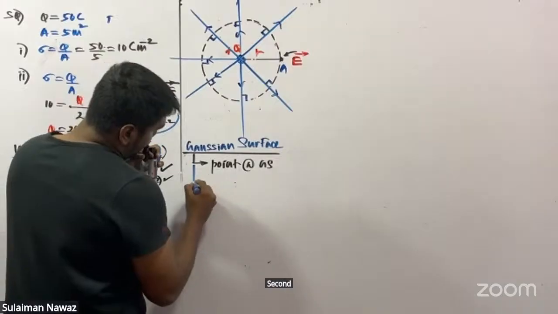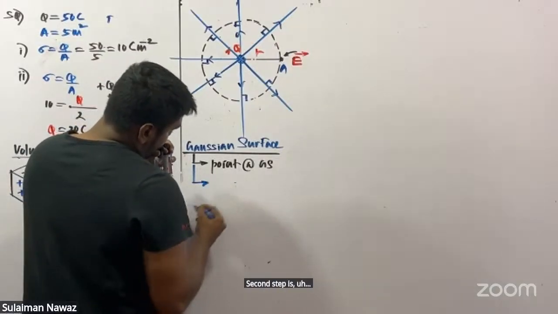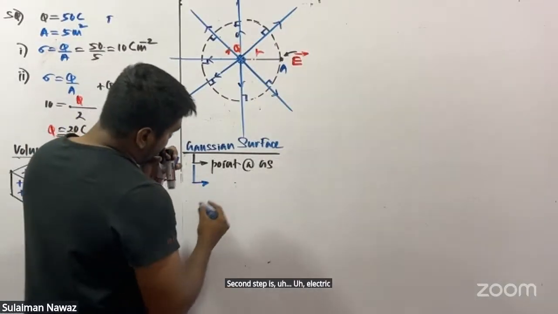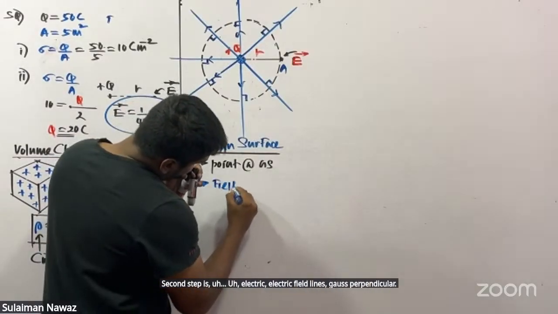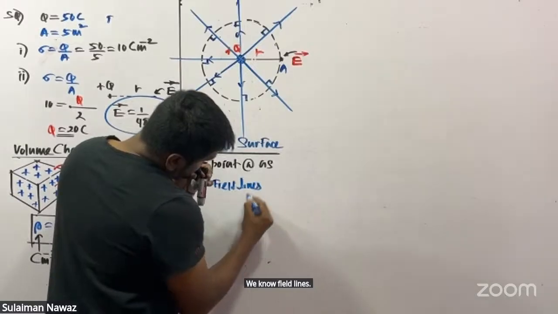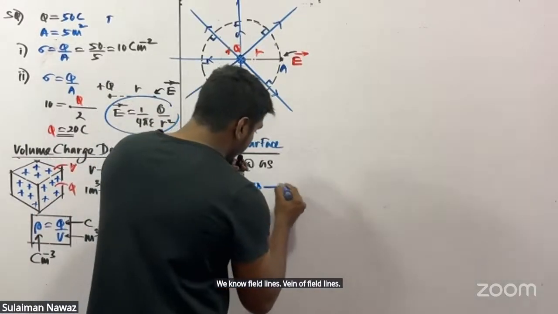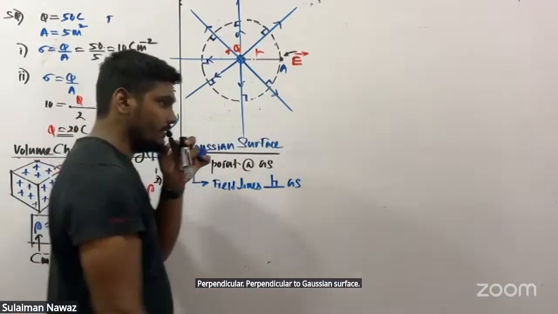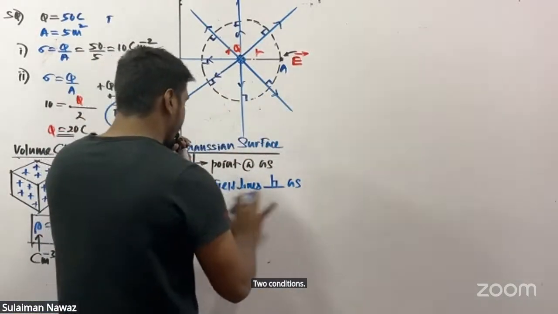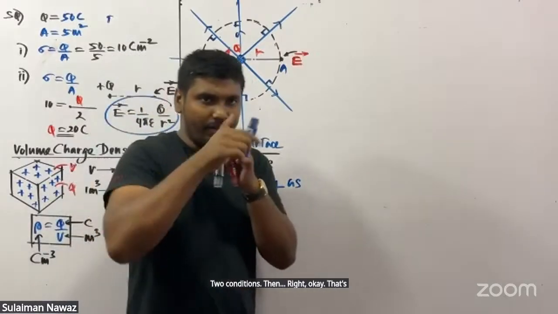Second, the electric field lines are perpendicular to the Gaussian surface. Two conditions done. Step 1, charge distribution.